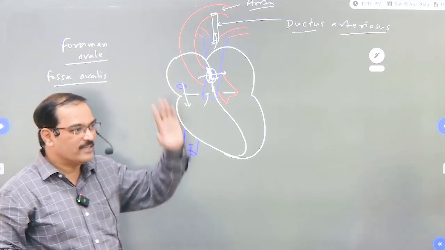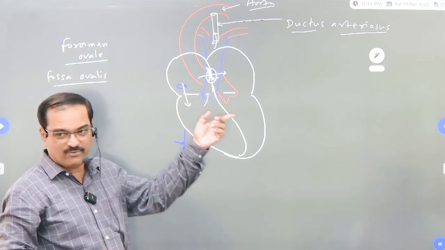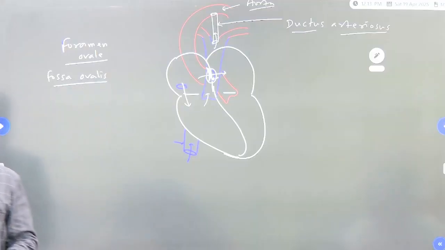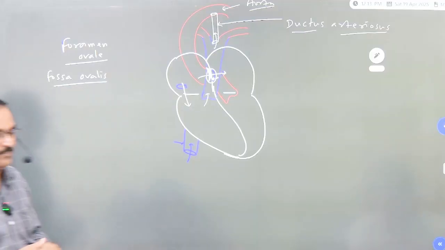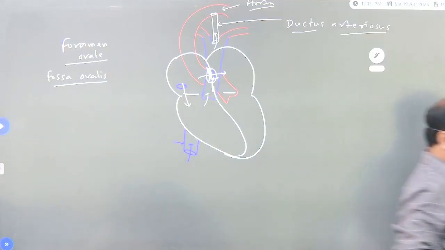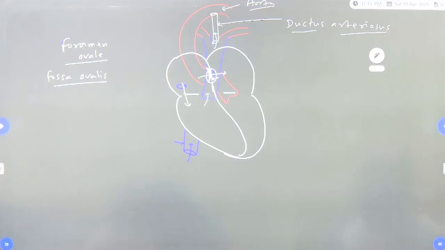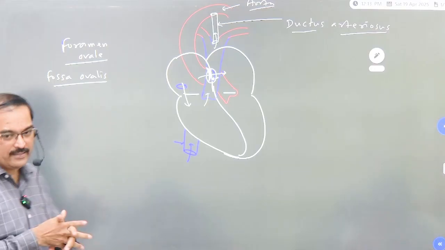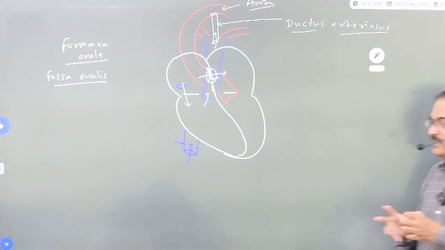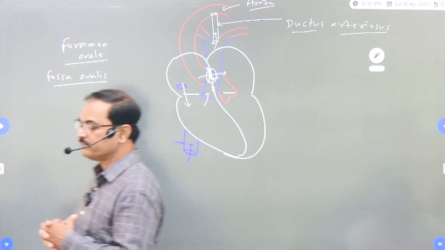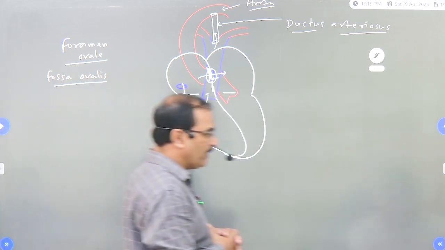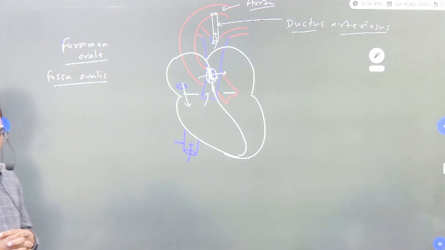That artery is called ductus arteriosus. It is present before birth, between the pulmonary trunk and aorta.